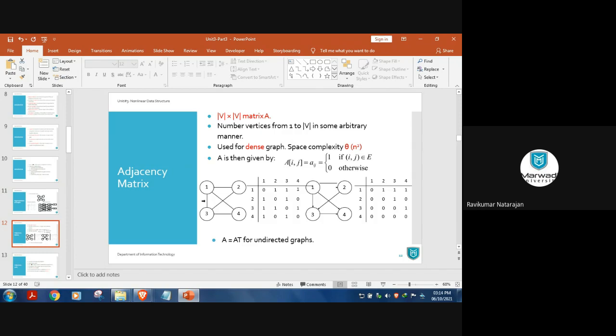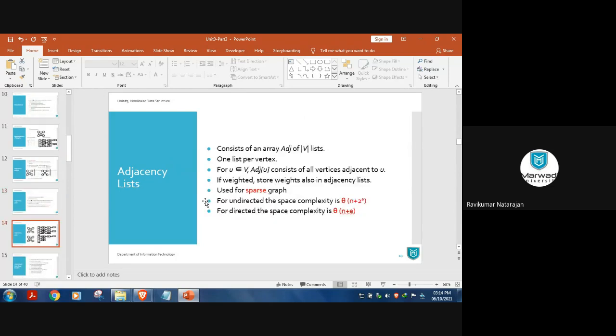For the space complexity is n square. It depends on the vertices. How many vertices you have, right? Then this is for adjacency matrix. Then for adjacency list, we had two things. One is for undirected and directed, right?